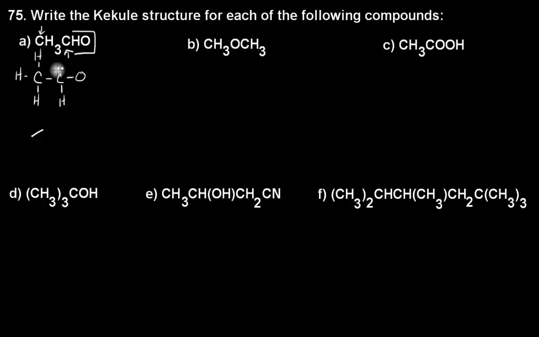If we added 2 lone pairs right here, we'd have 2, 4, 6, 8 total electrons around that carbon, but unfortunately if you do your formal charge calculation, that formal charge is going to be 4 minus 2 electrons in the lone pair, minus 3 covalent bonds. So 4 minus 2 minus 3 is going to equal -1.